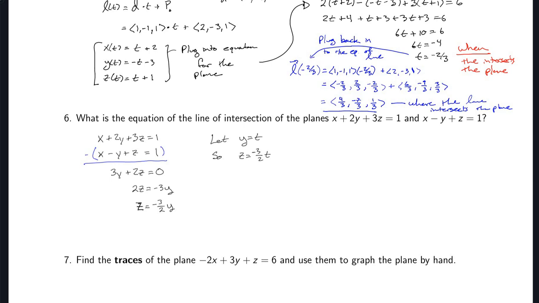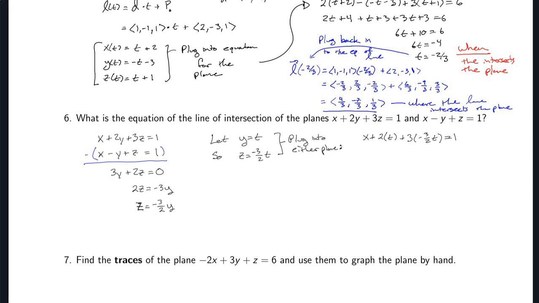And then we need to figure out how x relates. We can do this by plugging these into either of the plane equations. We should get the same answer. So x plus 2 times t, y is t, plus 3 times negative 3 halves t for z equals 1.